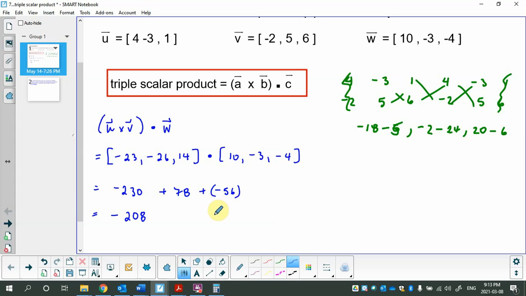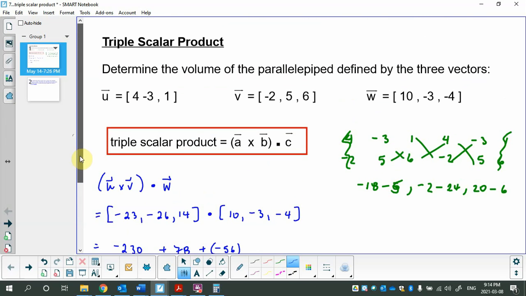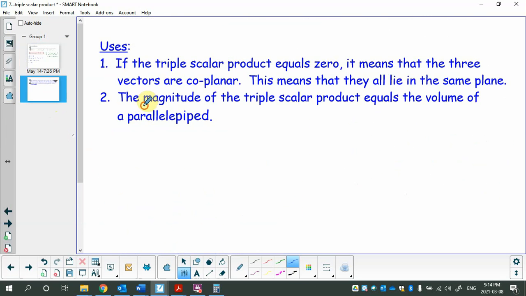So if you are sitting there thinking to yourself, okay, that doesn't make any sense, volume can't be a negative value, that is why it says the magnitude of the triple scalar product.